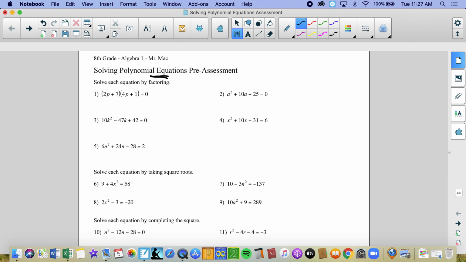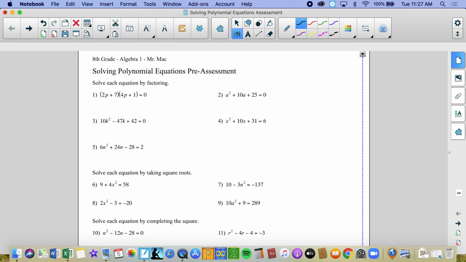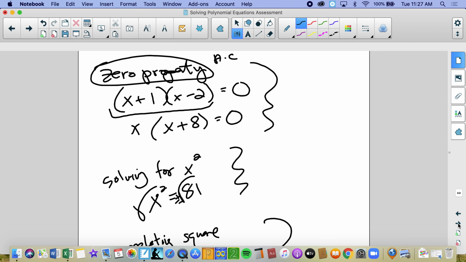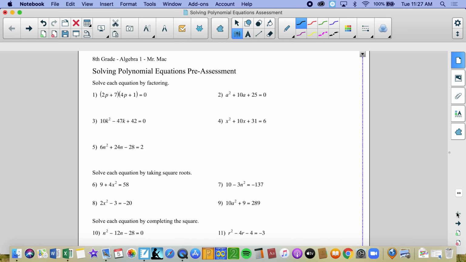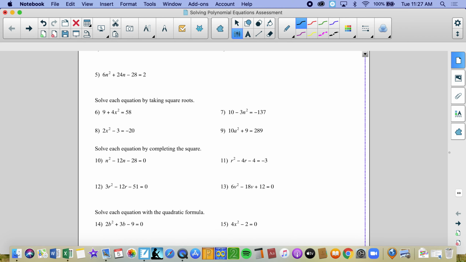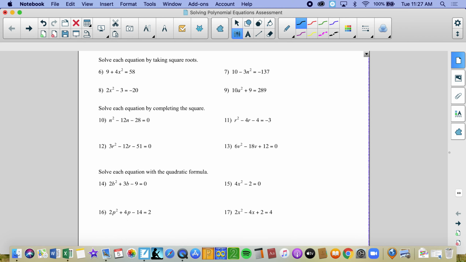So it's kind of important to know why we're trying these 4 different techniques. The reasoning is that some of them are going to be used better. Let's go back to here. Completing the square. Our a is not 1.